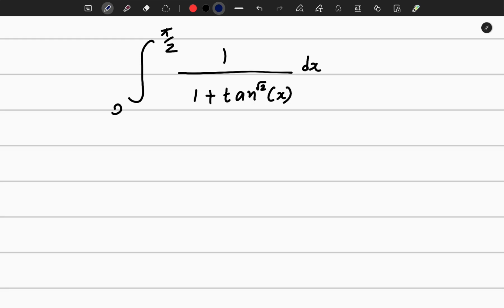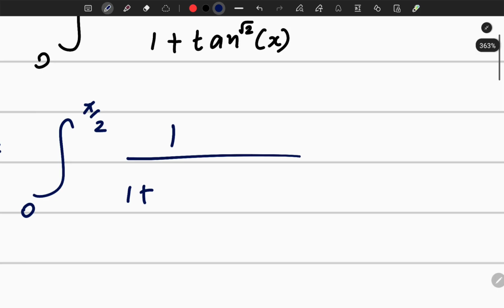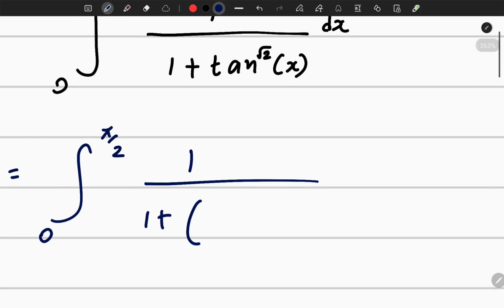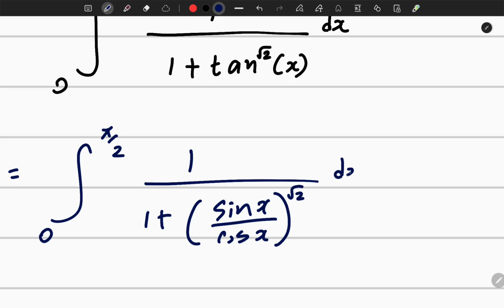In this video I'm going to evaluate this integral problem. Let's evaluate this one. This is the integral from 0 to 90 of 1 over 1 plus tan root 2 x dx, and I know that tan is sine over cos.